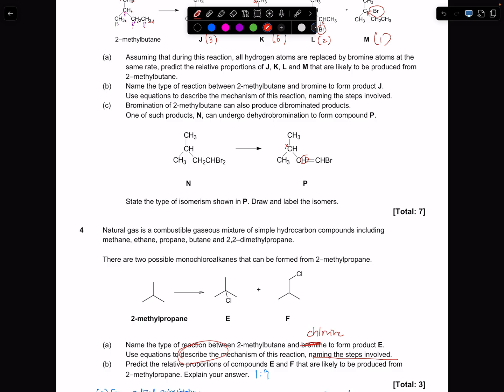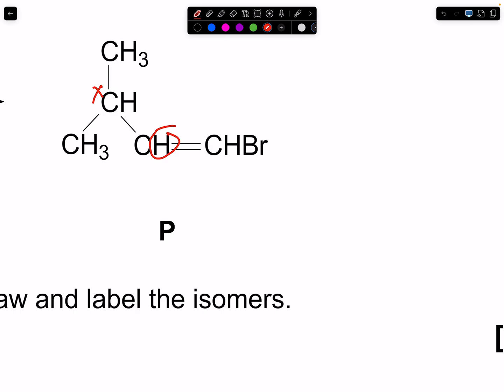CH3, CH3. So if you notice over here, there are similar groups across the carbon-carbon double bond, which is hydrogen. So therefore cis-trans.